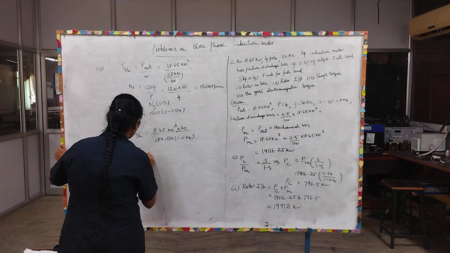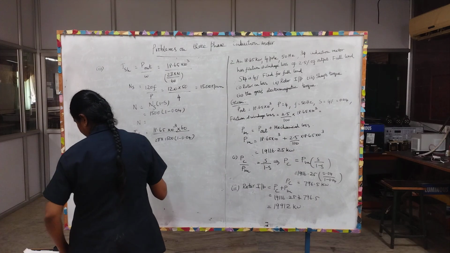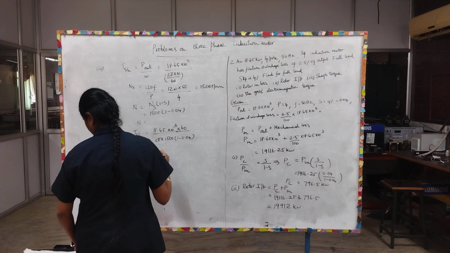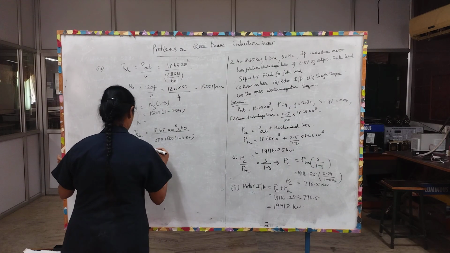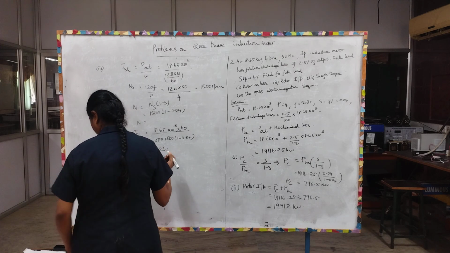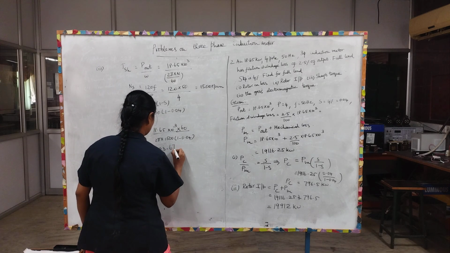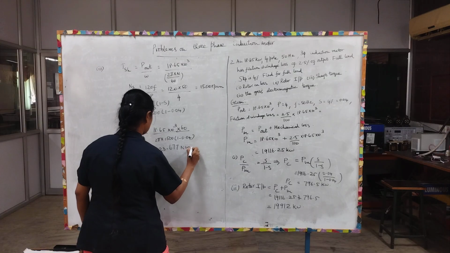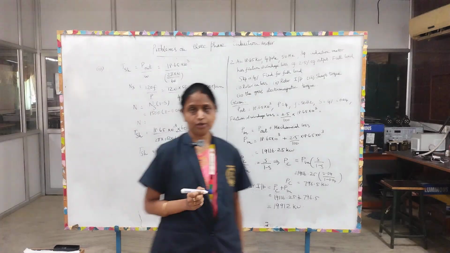So you will find out the shaft torque. So T shaft will be 123.677 Newton meter. So this is the shaft torque.